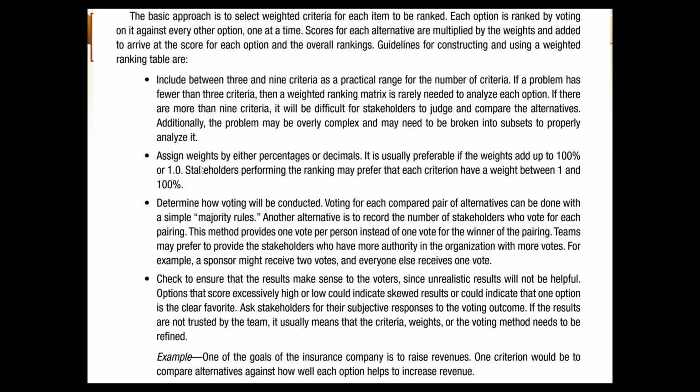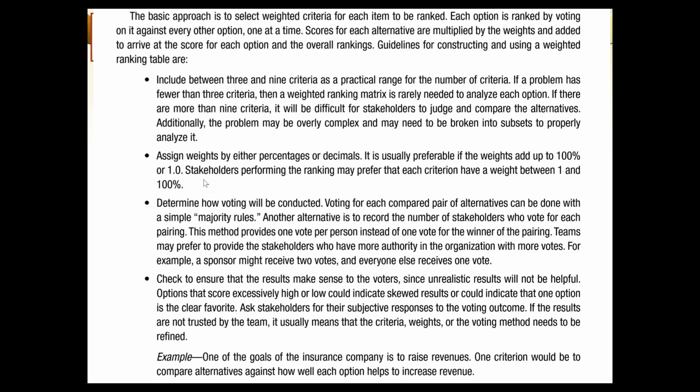So if you do it according to them, it says assign weights by either percentage or decimal. It is usually preferred if the weights add up to 100% or 1.0. Both ways it is okay.